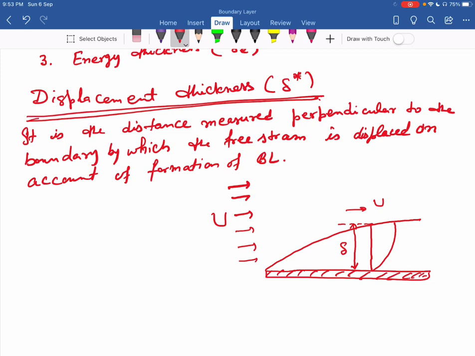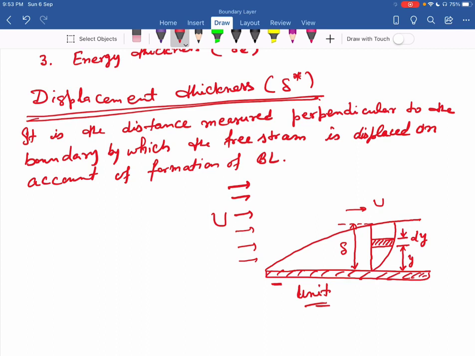Now I consider some very small part of this flow, which is at distance y from the plate, and the thickness is dy. Let us say this plate has unit width perpendicular to the screen.